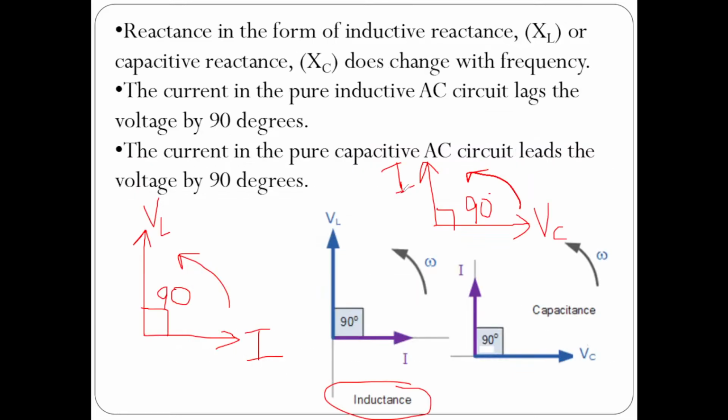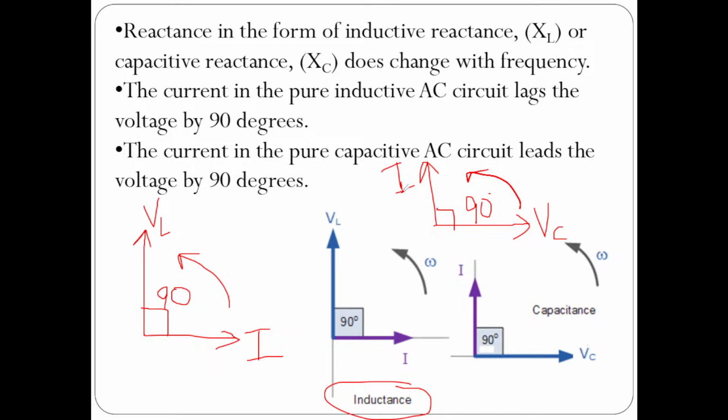So in other words, for a capacitive circuit, current will lead voltage by 90 degrees, whereas for an inductive circuit, voltage will lead current by 90 degrees. Or I can say that for an inductive circuit, current lags voltage by 90 degrees. Okay. So for a capacitor, voltage lags current by 90 degrees.